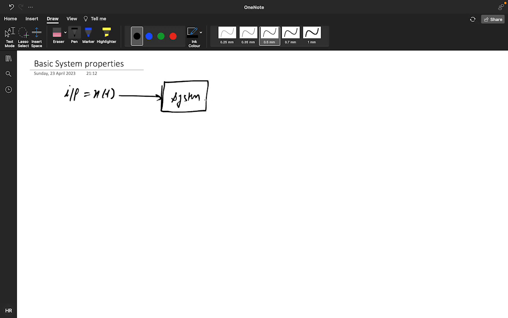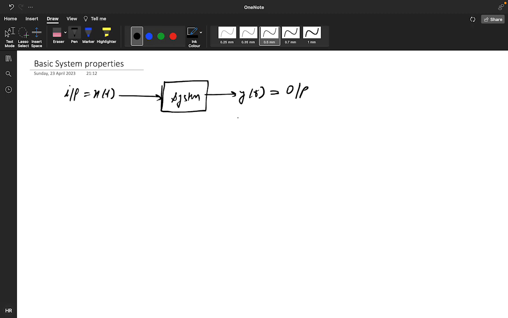And what does this system do? It gives you output y of t. So you apply input to the system, and that system will process something and generate output.